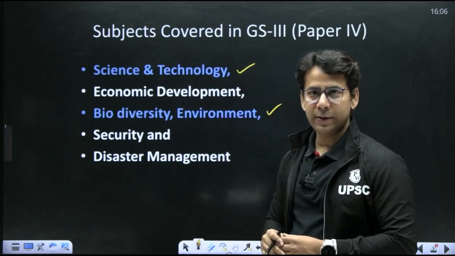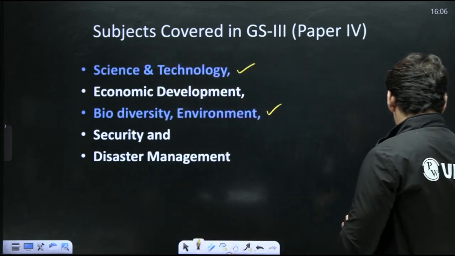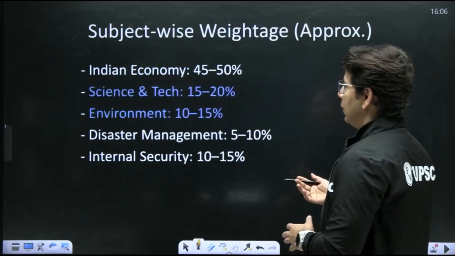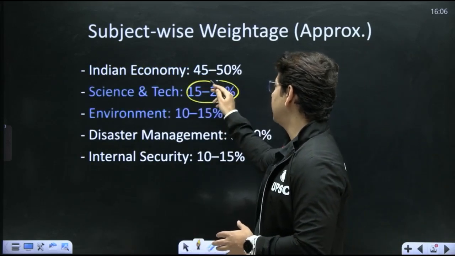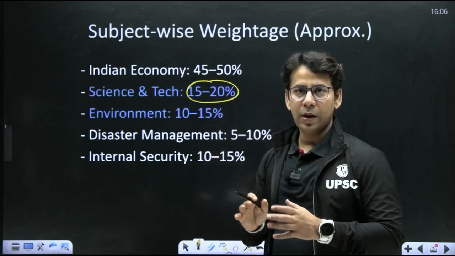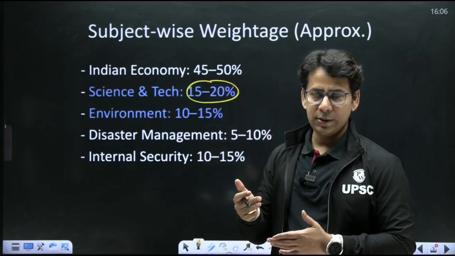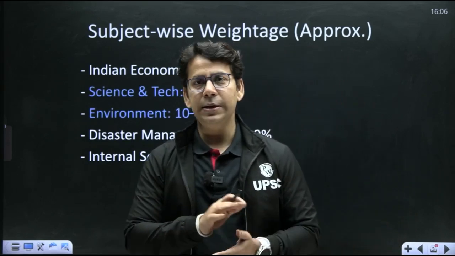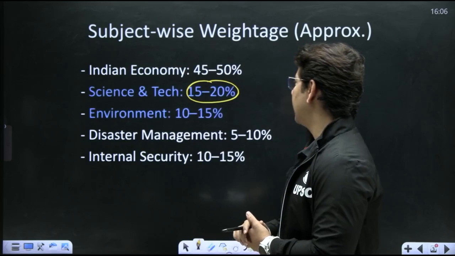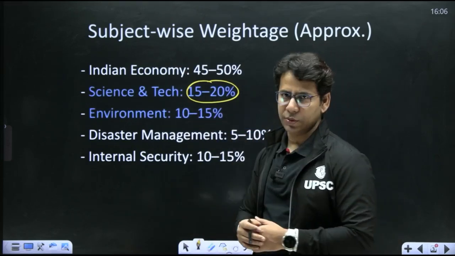Science and technology is around 15 to 20% of the total coverage, so you can expect 15 to 20% of the marks to come from this portion. The environment part is around 10 to 15%.